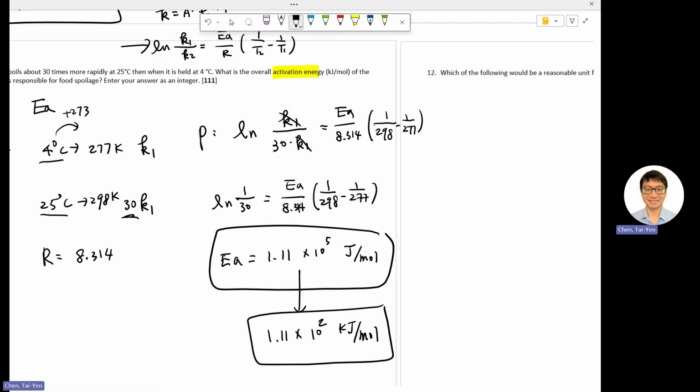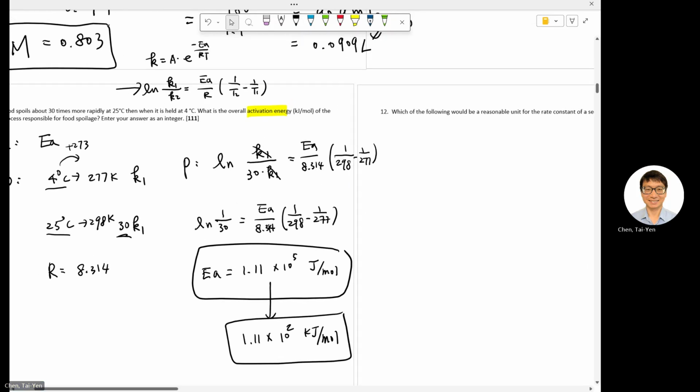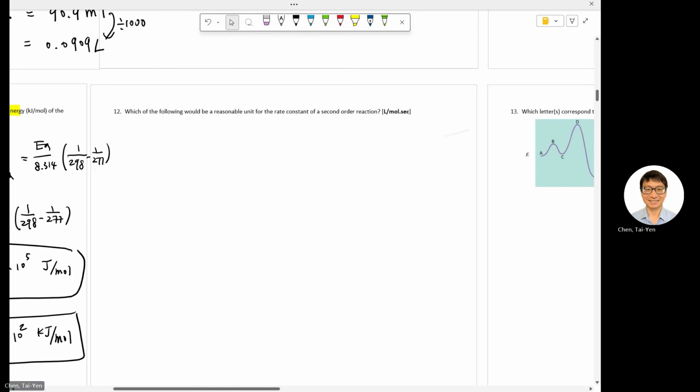Then that should be the answer. So that's how you solve this activation energy type of question. It's very standard.